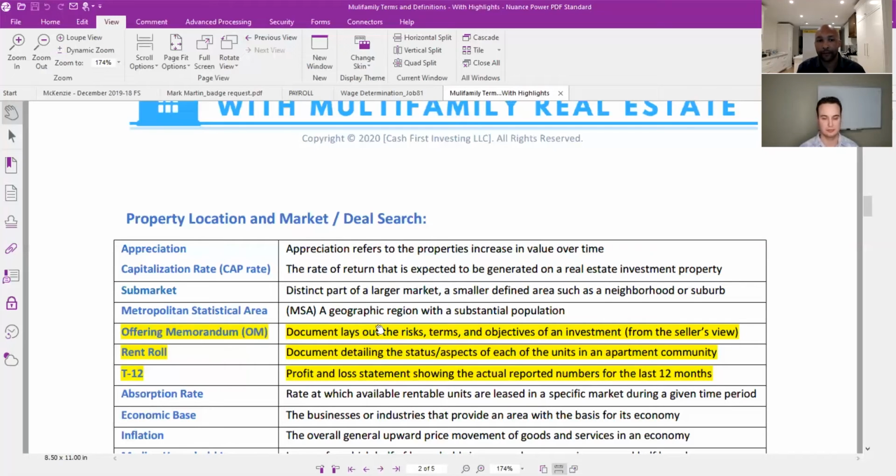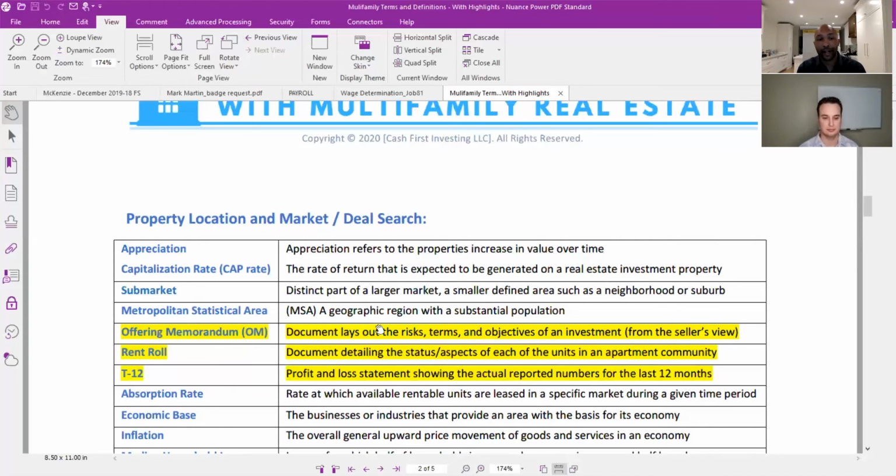There's opportunity there. Then you have your T12. That's your trailing 12. This is a profit and loss statement showing the actual reported numbers for the last 12 months. So it's basically a financial statement. It's going to be your income up top, which is going to be the rents that you charge for the property. There's going to be your parking and any other income you may have at the property.